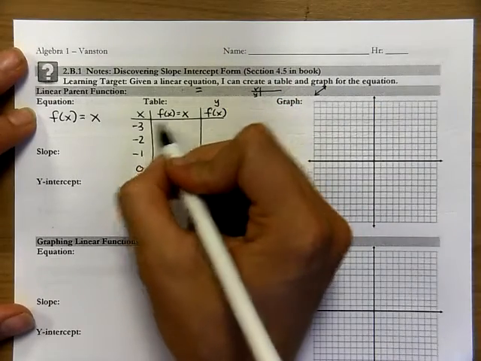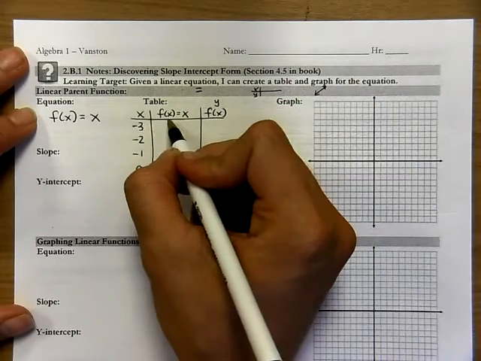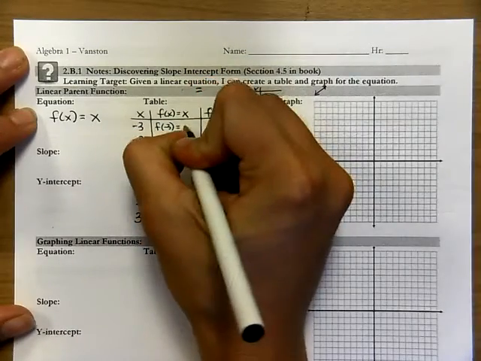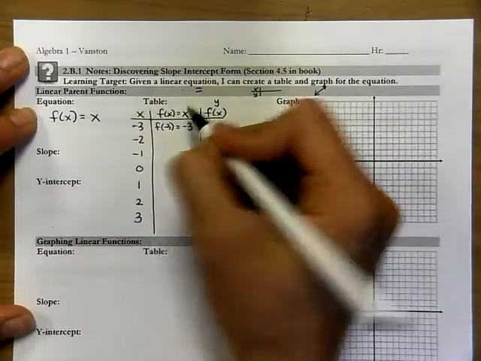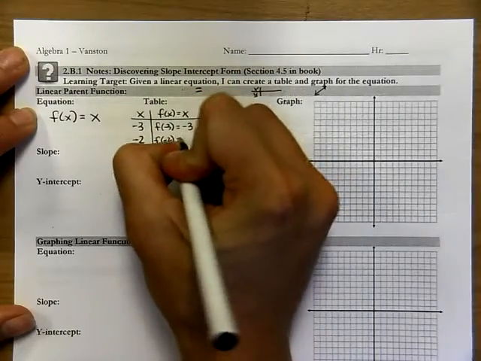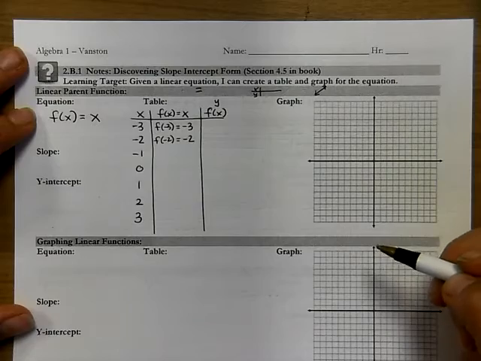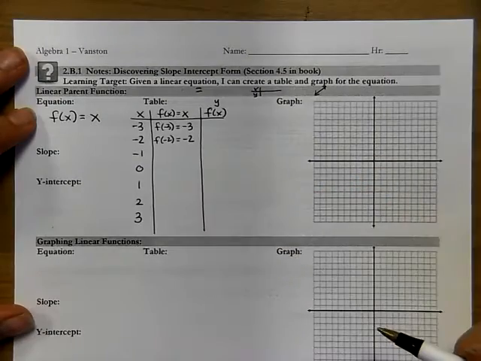So now I have this function. Well, I just substitute in -3 wherever I see an x. So I'm doing f of -3. Well, that will equal -3. Just replace it. f of -2 will equal -2, and so on. Go ahead and pause the video right now and fill in the rest of this table.